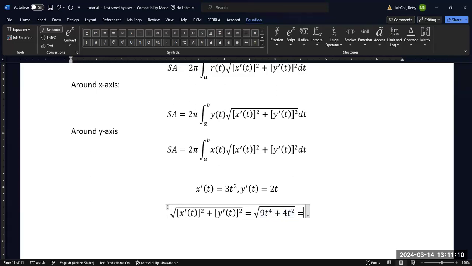And we can actually simplify this a little bit by bringing a t squared out. And then the square root of t squared is just t.